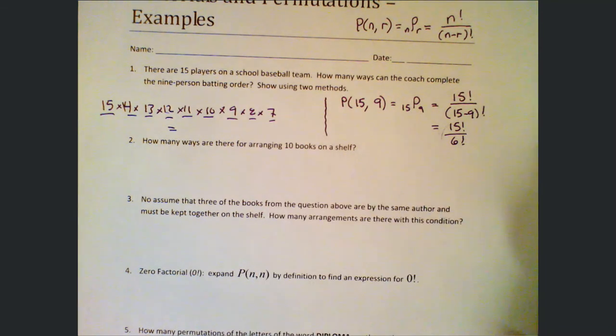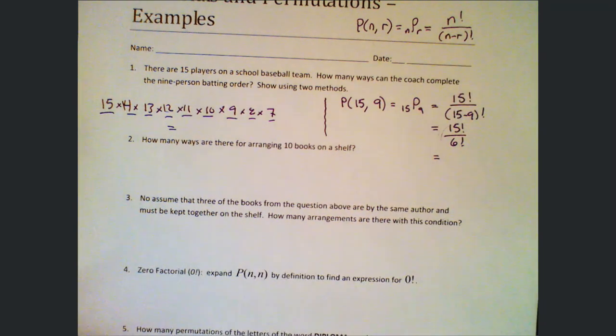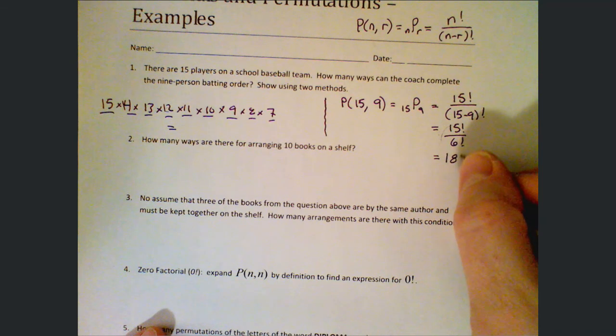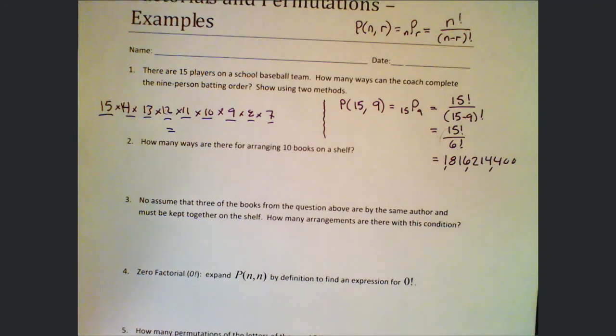Makes sense. Now in your calculator, you could put in 15 factorial divided by 6 factorial, and you will get 1,816,214,400 different batting orders.